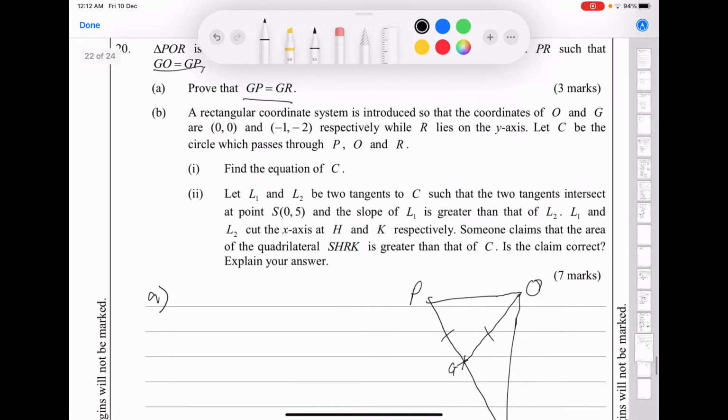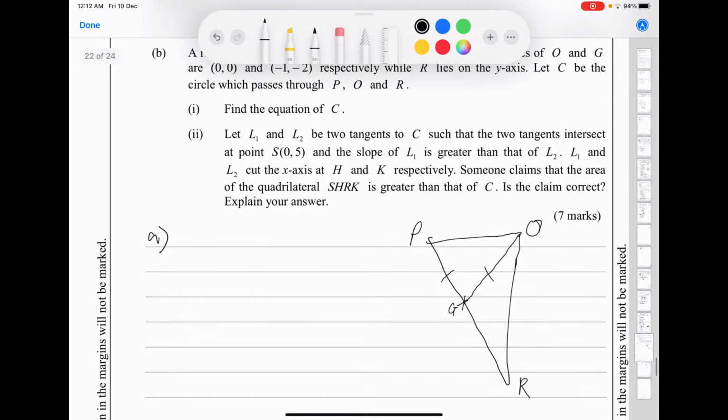We need to prove that this one is equal as well. So how do we do that? First, we know that PG equals OG, so this angle here equals this angle right here, because of base angles of an isosceles triangle.